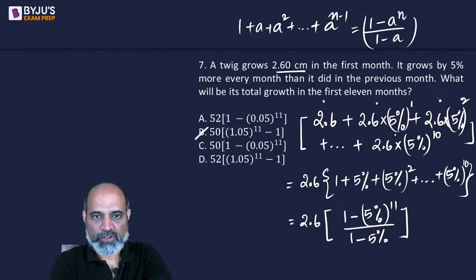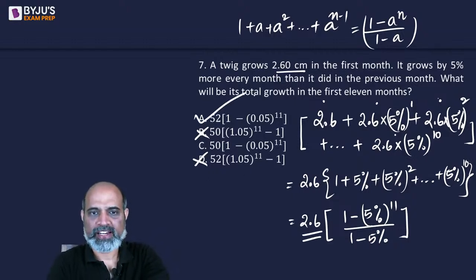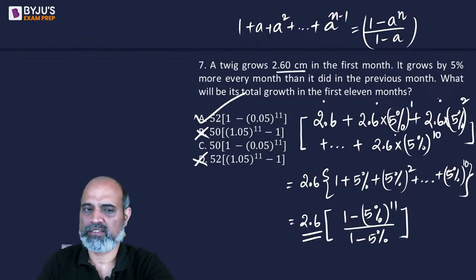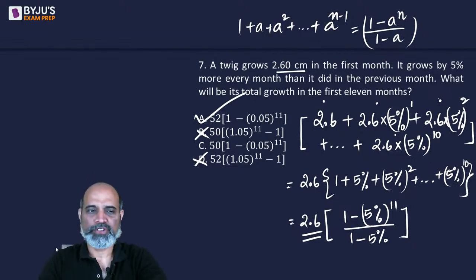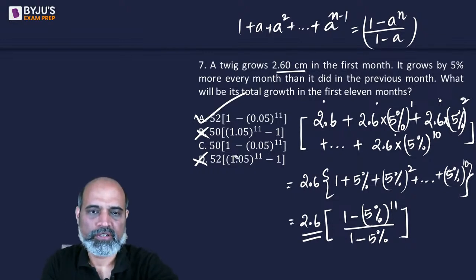So obviously we will not have 1.05. And since we have 2.6, it will only end in 52, right? 50 तो बन नहीं सकता. It can only make 52. 2.6 का table में 52 is what we'll have, right? Hold on.